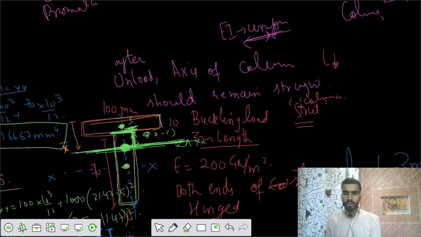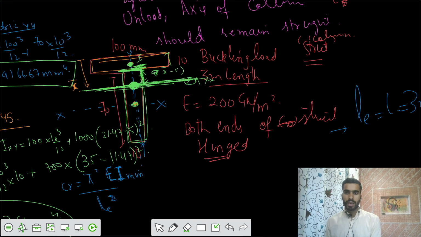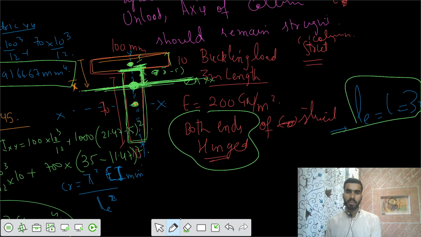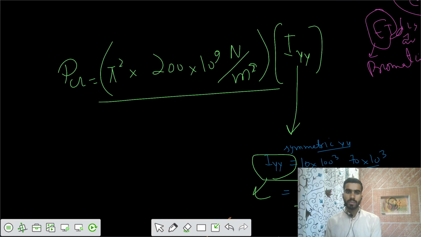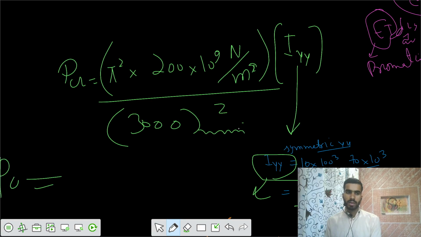The value of L effective we take, because the condition is given that both ends are hinged, means effective length is equal to L, that is 3 meter. So you can have that value of PCR, that is equal to 184 kilonewton.